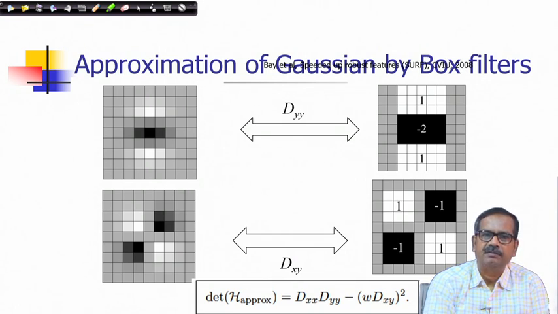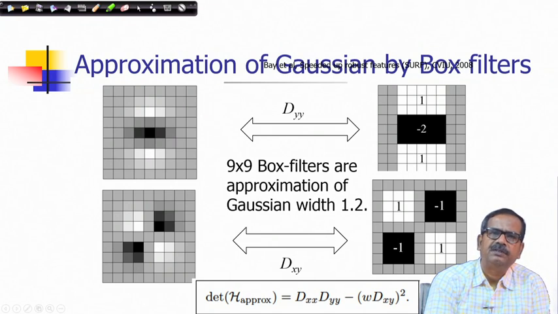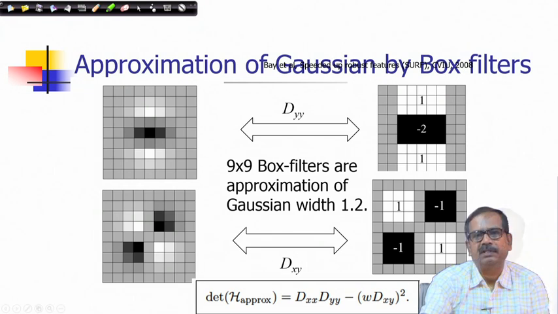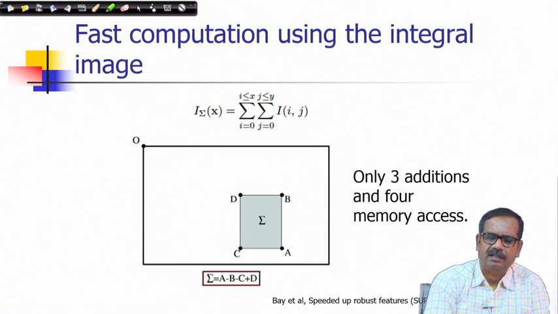The computation is dxx dyy minus w dxy whole squared, and here the value of w is taken as 0.9, and particularly 9 × 9 box filters are an approximation of a Gaussian of width 1.2. These are the tricks used for approximating convolutions using Gaussian masks or double derivatives of Gaussian masks. The use of integral images is also explained nicely in this slide.